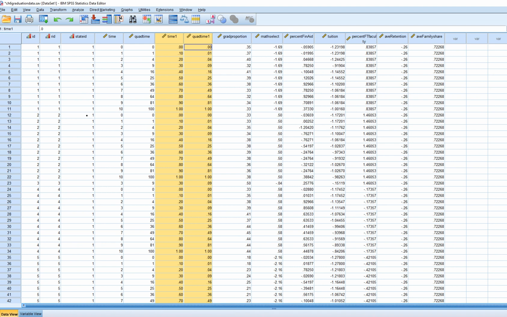They actually found that the quad time variable is not statistically significant. So the bulk of their example actually then treats graduation proportion as a linear function of time, although they ultimately allowed the slopes for the time predictor to vary between institutions. So that's what we're going to stick with in this example.